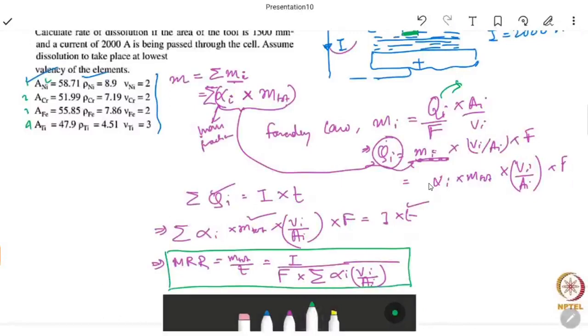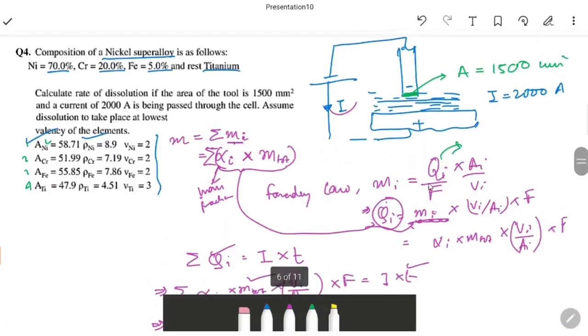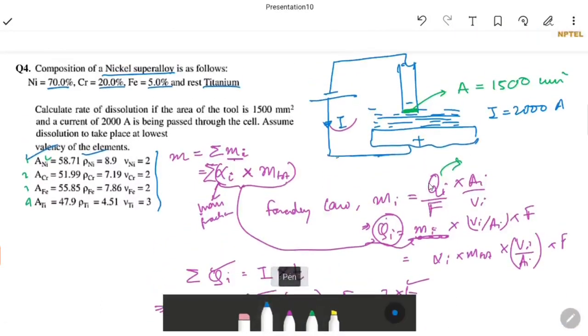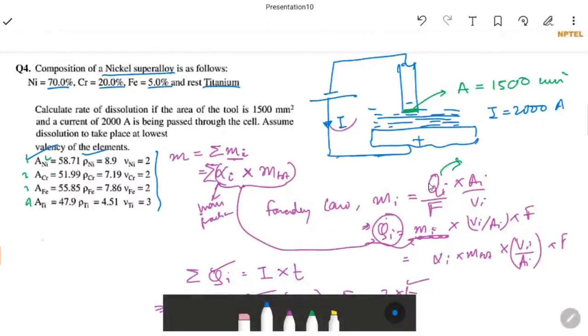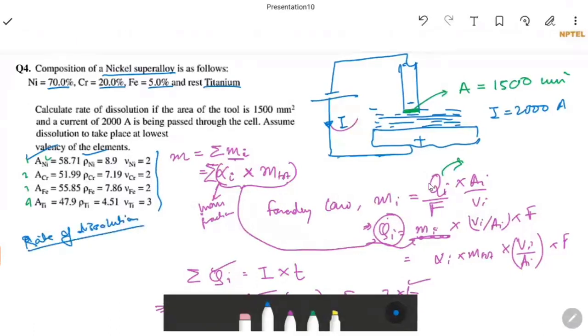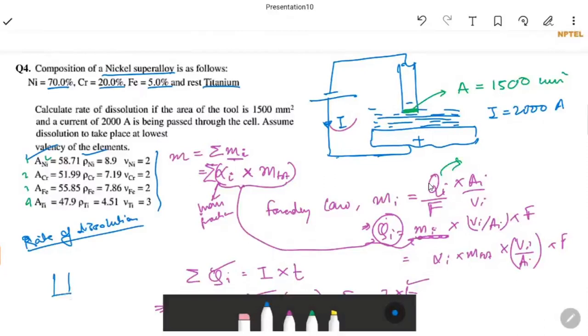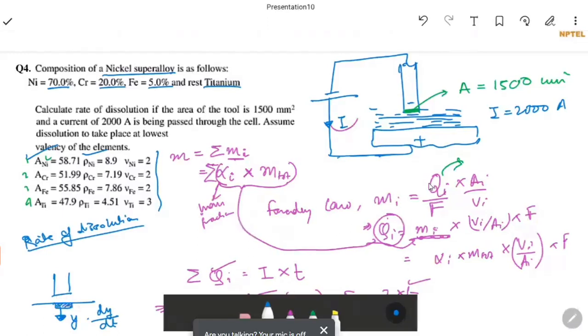So in the question you have been asked about the rate of dissolution. Rate of dissolution here means the depth that is being machined in this direction, y direction. So it's basically dy by dt. It's nothing but the volume that has been removed divided by the area.